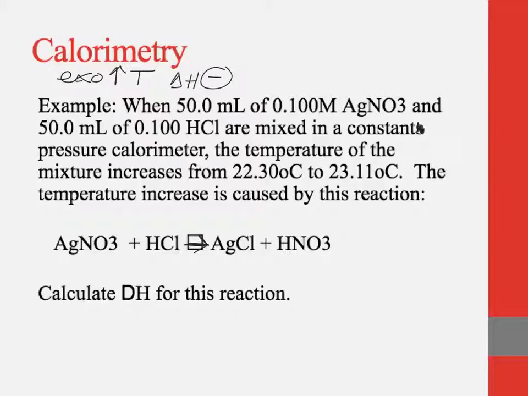And we also know that delta H equals the Q of the reaction, which equals the Q of the solution. I'm not going to write that down. And we know that we have 0.1 molar, 50 mLs of both of these.